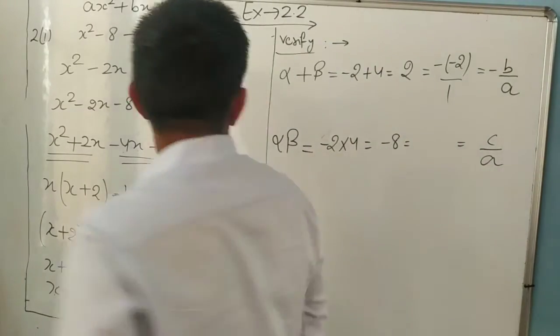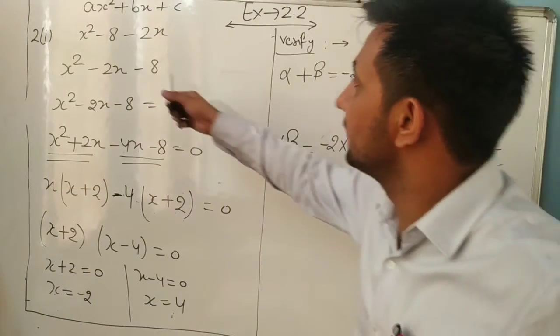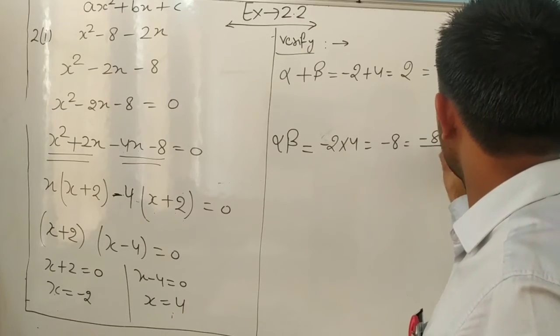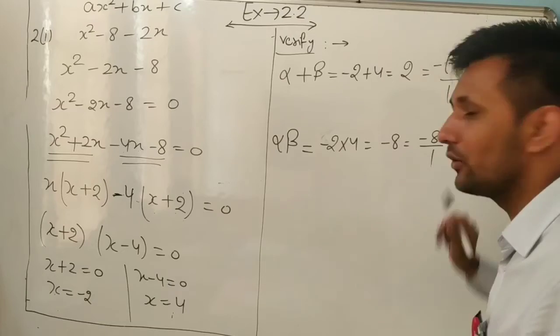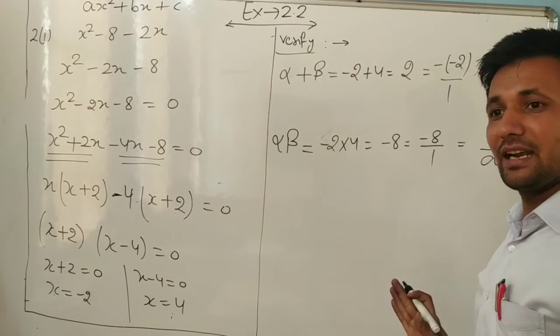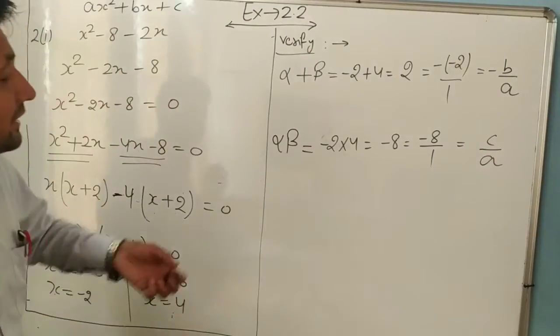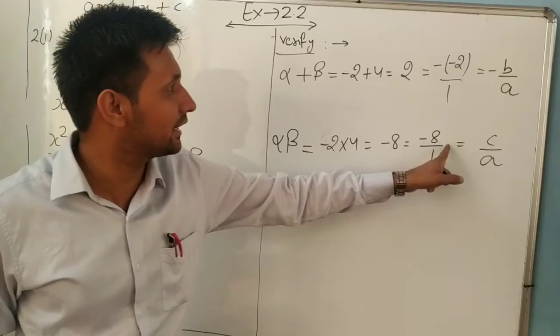Yes, Preeti, product is always c by a, or not? What is c? c is minus 8. Minus 8 divided by a. a is how much? 1. So in place of a, you write 1. Understand or not? Now we observe that c by a is minus 8 by 1, minus 8.